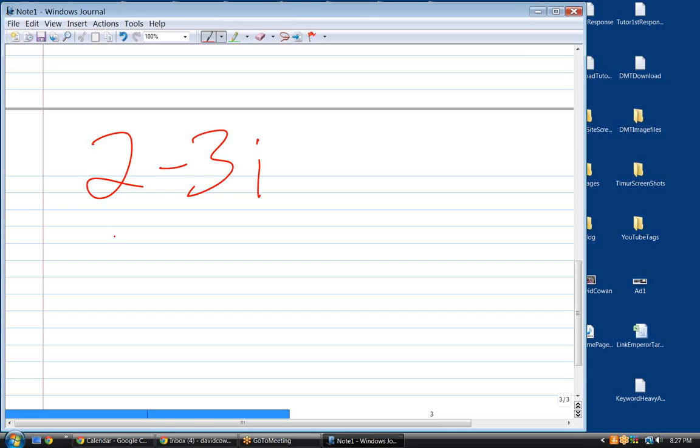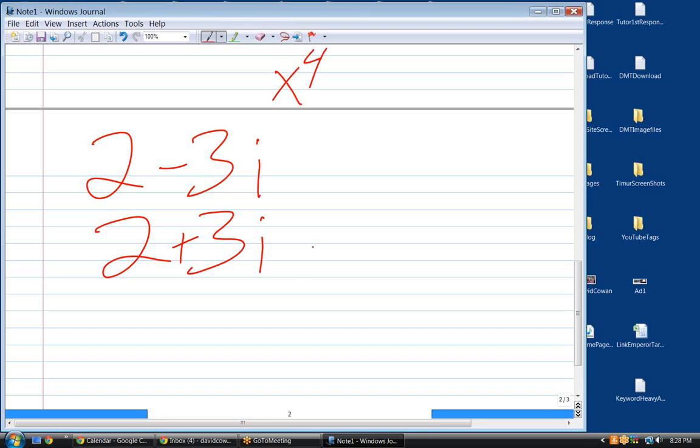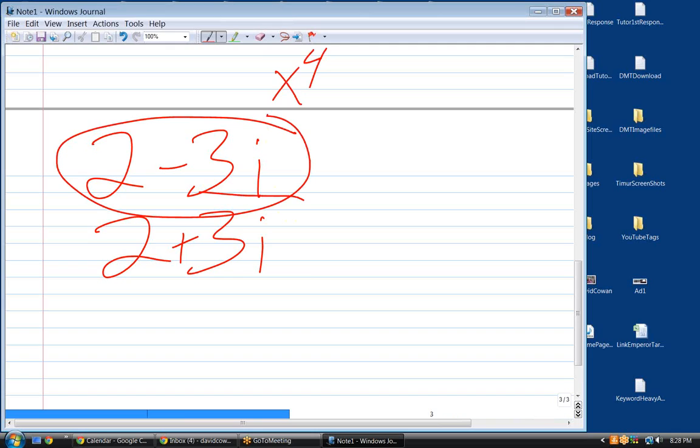So if this is one solution, the other one is this, automatically. Well, if I started with a quartic, after I divide it by that, I'll be down to a cubic. After I divide it by that, I'll be down to a quadratic. So now it's really just a quadratic problem. And I can synthetically divide by these complex numbers, the same way I would a real number.